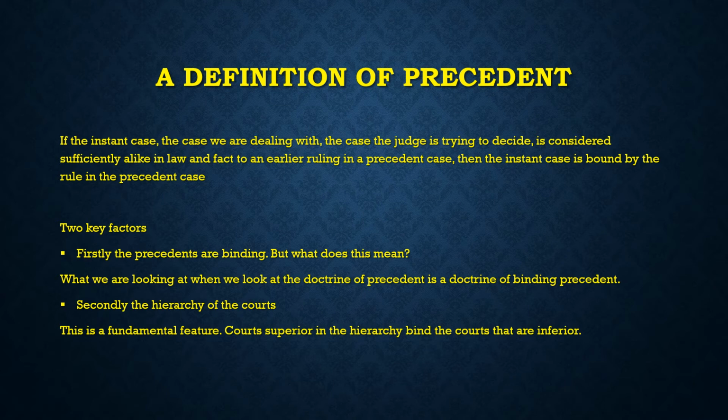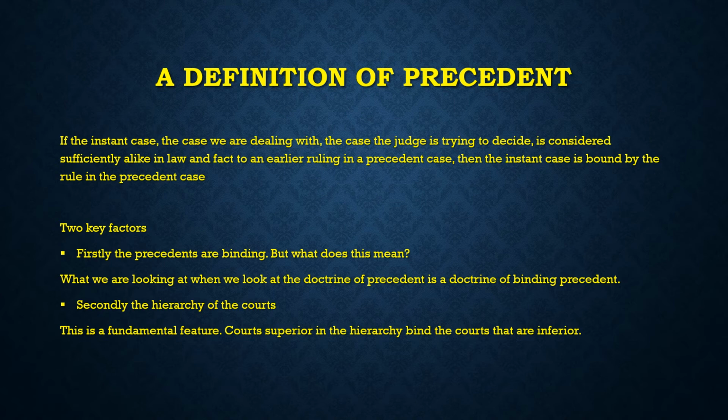This leads us into the second feature of the doctrine of precedent, and that is the hierarchy of the courts. For obvious reasons, this is a fundamental feature of the doctrine of precedent. The general rule is as follows. Courts superior in the hierarchy bind the courts inferior to them in the hierarchy. In reality, it is more nuanced than this, as courts have appellate and trial jurisdictions.